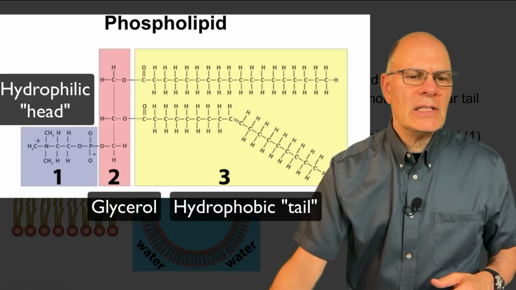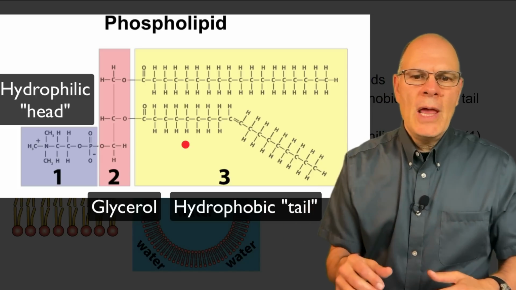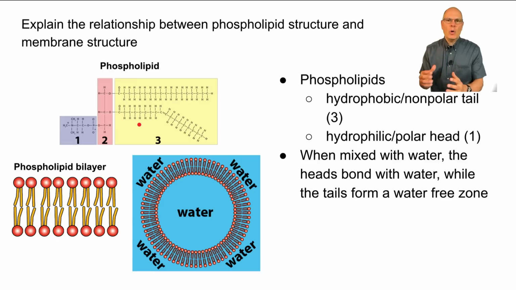And the key thing is that when you mix this kind of molecule in water, they spontaneously form an orientation where the heads will interact with water and the tails will avoid water. Hydrophilic over here, hydrophobic over here. And so if you think about that arranged in a kind of spherical way, you wind up having a structure that is a bilayer, 2 layers of phospholipids. And that's the structural framework of cell membranes. We'll talk much more about that when we do Unit 2.